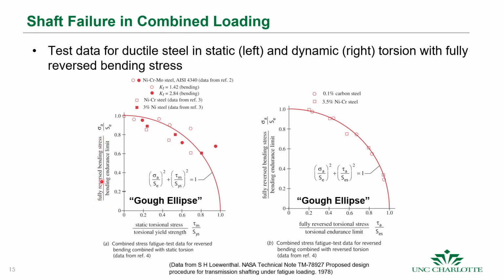So on this axis we have the fully reversed bending stresses on both axes. When those are equal to our endurance limit, we have a 1. These have been normalized by the endurance limit. Obviously, when your amplitude is equal to your endurance limit, then you have failure.